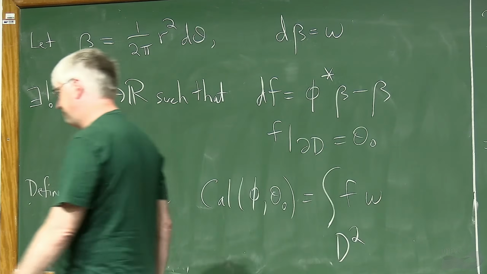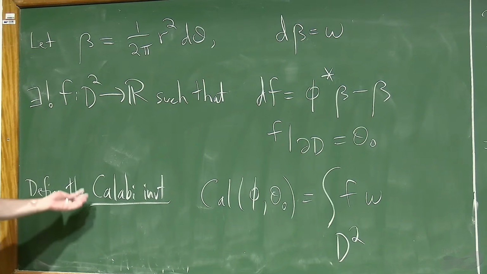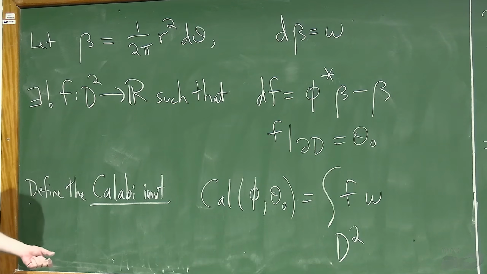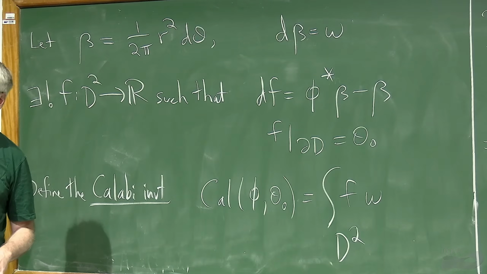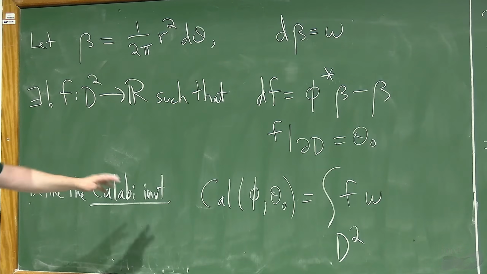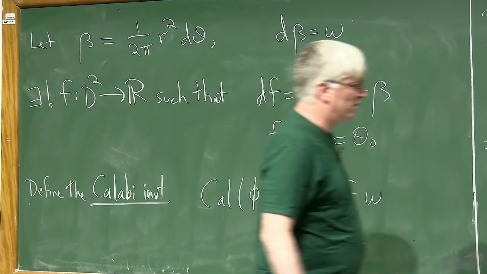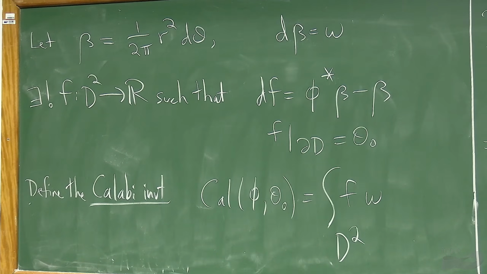This is a well-known homomorphism. You can think of it as being defined on the universal cover of the group of area-preserving diffeomorphisms of the disk, a homomorphism to the real numbers. So it's some kind of measure of the amount of rotation of the map phi. If phi is just a rigid rotation by angle 2 pi theta 0, then this number is just theta 0.